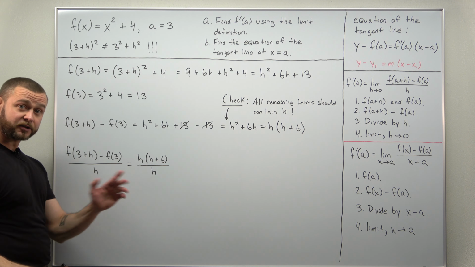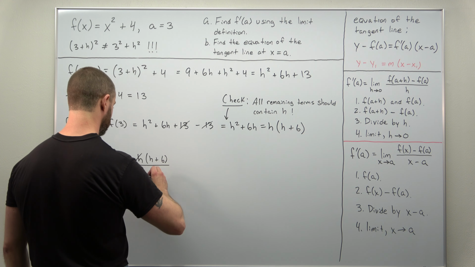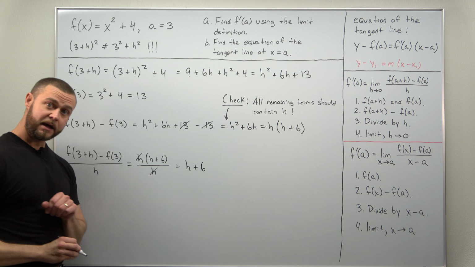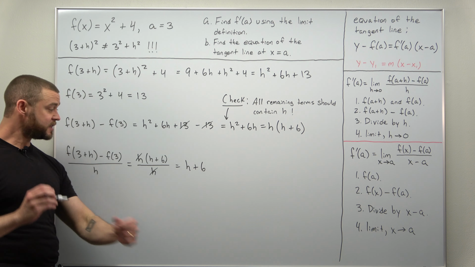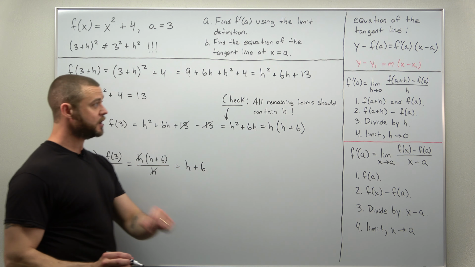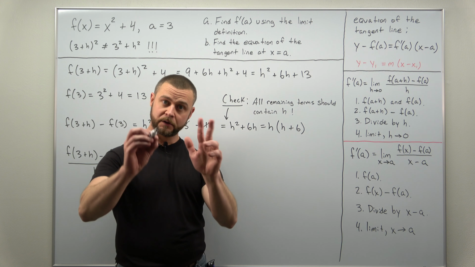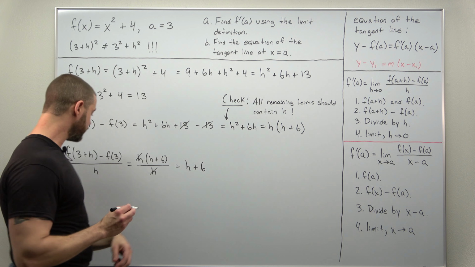And you can see those factors of h will cancel, and we're left with h plus 6. And this is the quantity or expression that we're going to be taking the limit of as h goes to 0. So we're pretty much done almost all the work here.